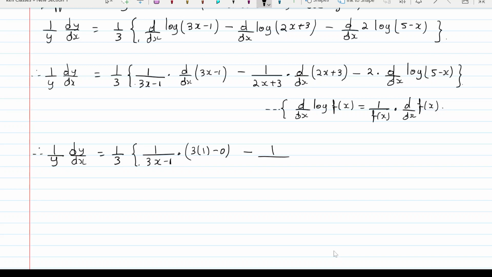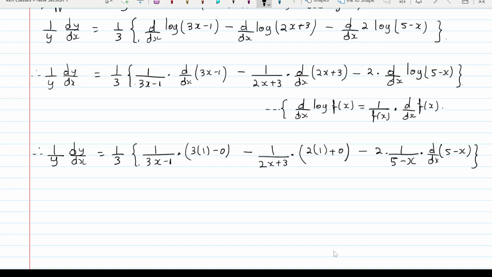Minus 1 upon 2x plus 3 into d by dx of 2x plus 3, which is 2 into 1 plus 0, minus 2 into 1 upon 5 minus x into d by dx of 5 minus x. The same thing applies to the derivative of log of 5 minus x: 1 upon 5 minus x into d by dx of 5 minus x. Okay?